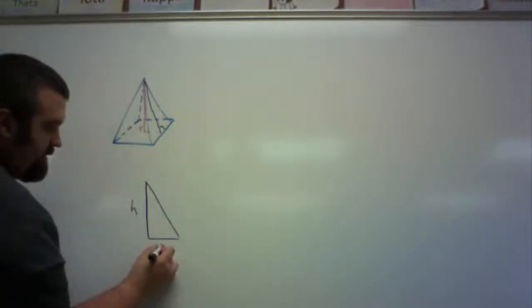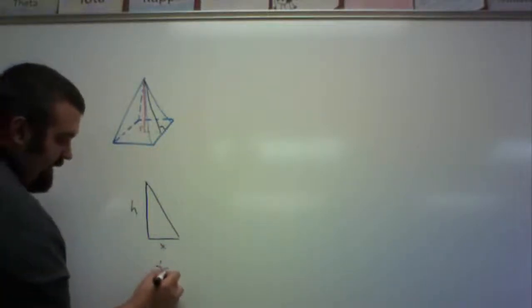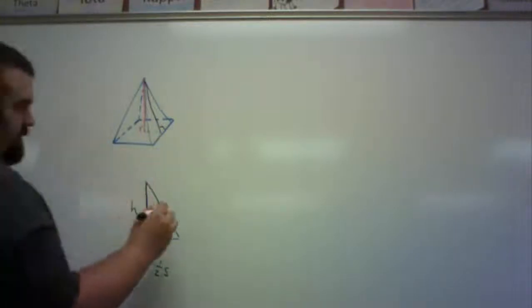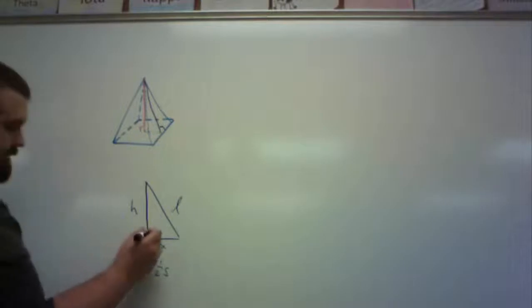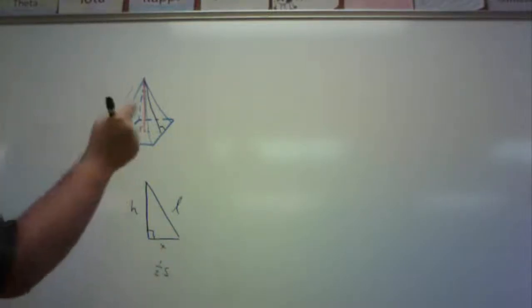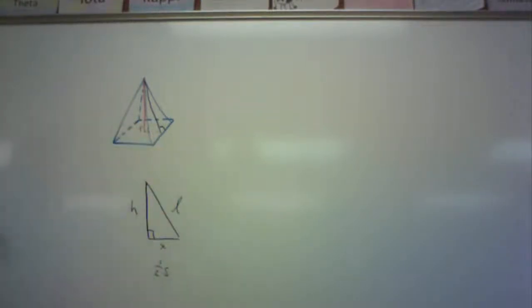This length down here is half the side length, and this length over here is the slant height. So the height, the slant height, and half the side length are related in a right triangle that I can use to find information I don't know.